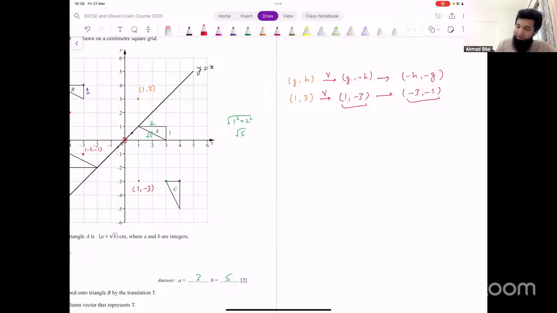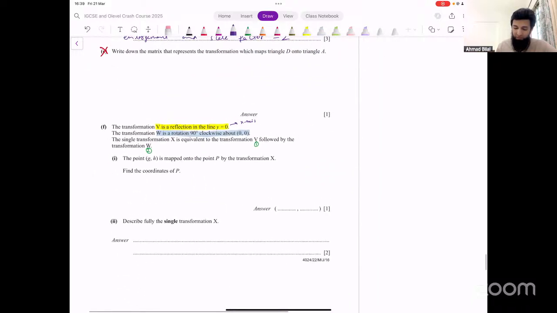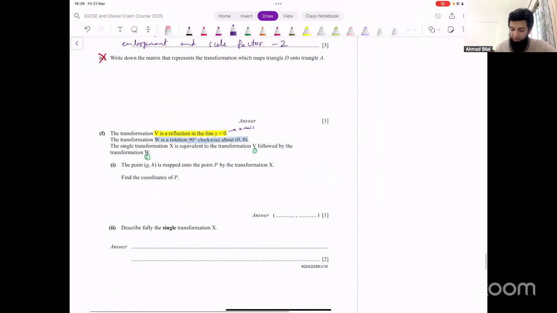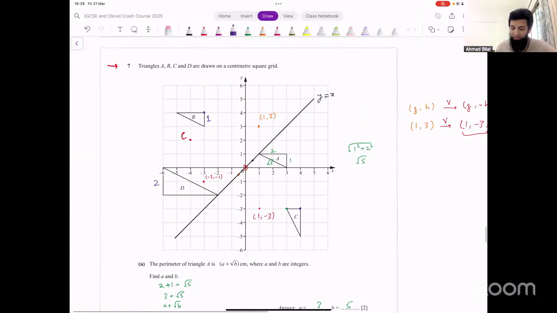That's minus g. So you can think of that directly like this as well. It was 1, 3. Then it becomes minus 3, minus 1. So you're switching the coordinates, and also you are changing the sign. So it becomes minus h and minus g. That's what they asked us in this part. First of all, the coordinates of P are minus h and minus g. That's the transformed point.